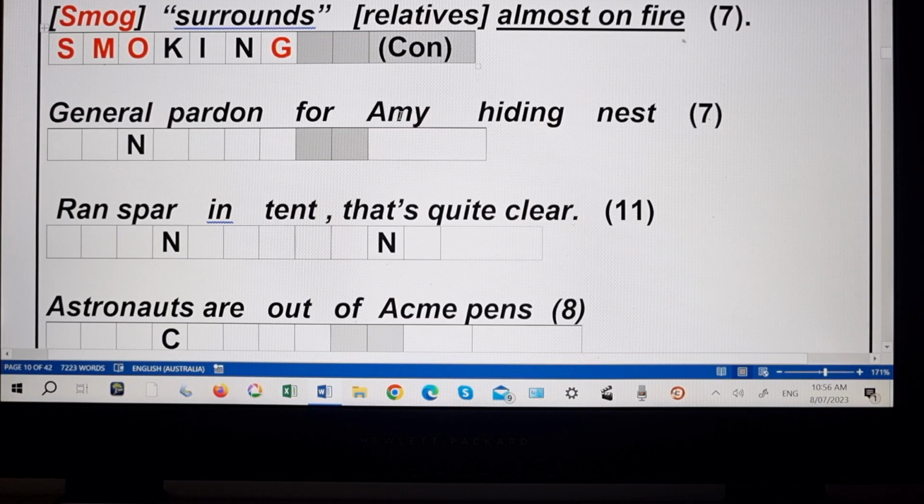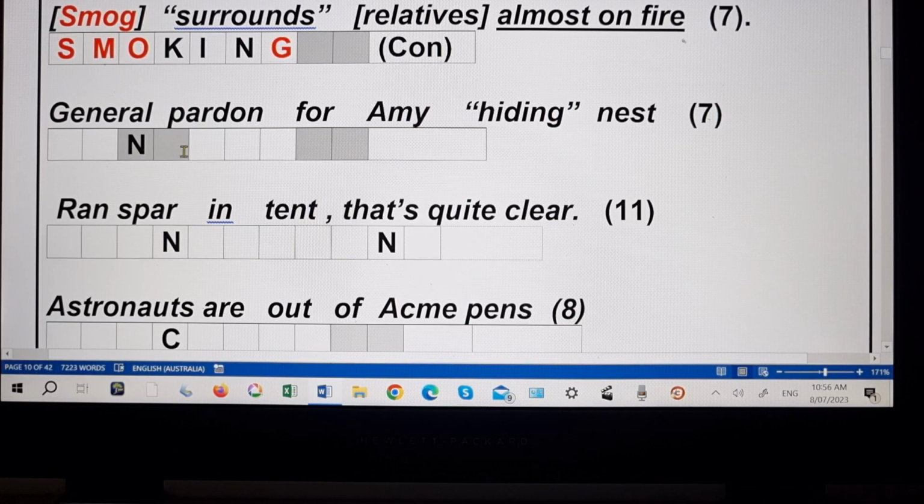Flags, abbreviations, and fodders. Anything you can see. Hiding looks to me like a possible flag for a container. Something hiding something. So, hiding nest. Hey, that looks pretty good. I can see the N there, N there.